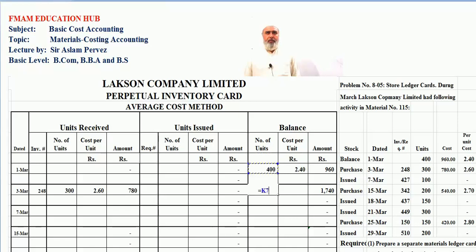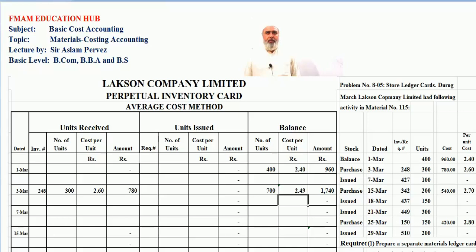The previous units are 400 and the current units are 300 here. 700 units are the total units available in the inventory. Now we have to find out the weighted average rate. For this purpose, we have to divide the total cost by the total number of units here. This is our weighted average cost, 2.49.